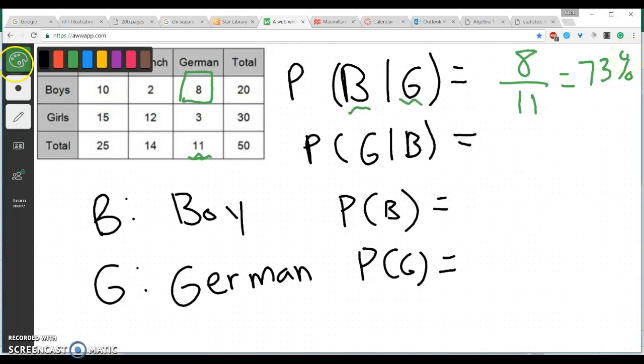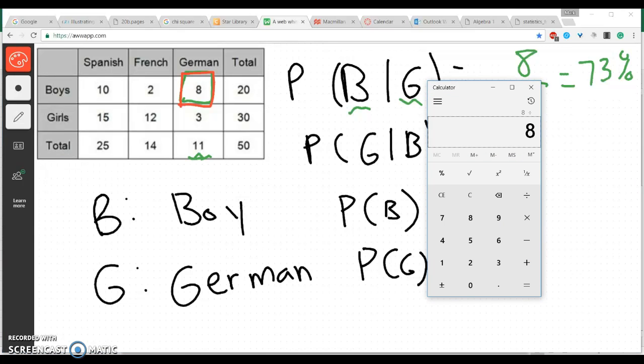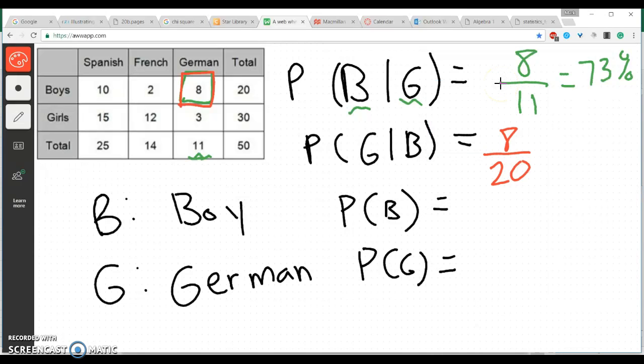Okay. Let's do this next one. So the probability that you took German, if you were a boy, so the people that are boys are here. The people that took German would be 8, and that would be over 20. So that would be 40%.